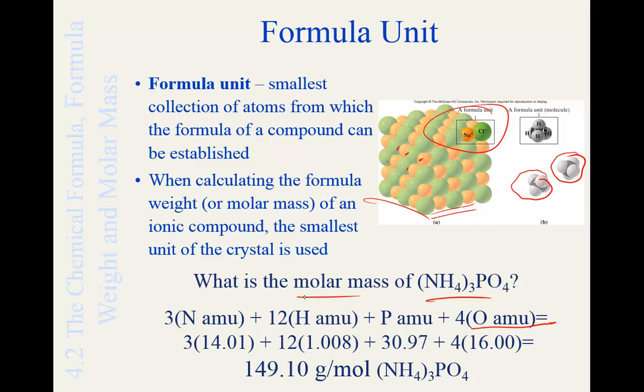But because they're asking for molar mass, we know that means a molar quantity, and so the units change from atomic mass units to grams. So 149.10 grams per mole would be the molar mass of ammonium phosphate. And this one's done correctly. Phosphate's a -3 ion. Ammonium's a +1. That's why you've got to have 3 ammonium ions for every one phosphate.